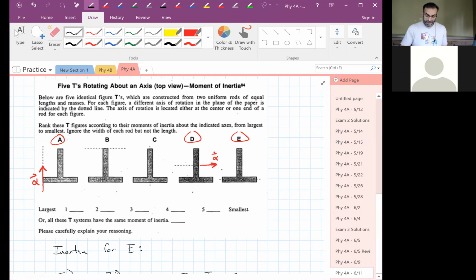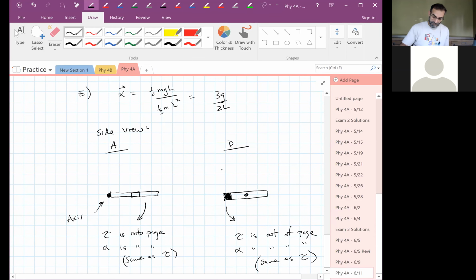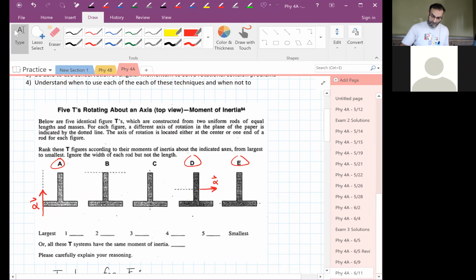And E, it's going to point along the axis of rotation.